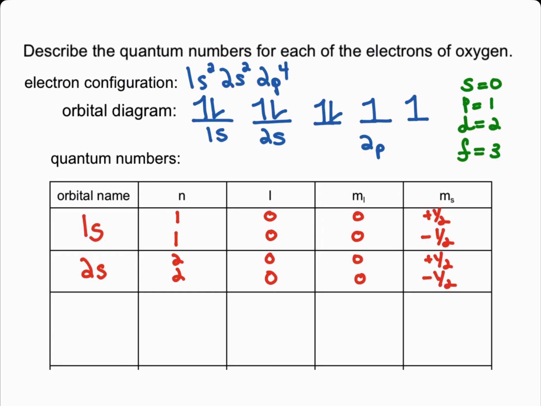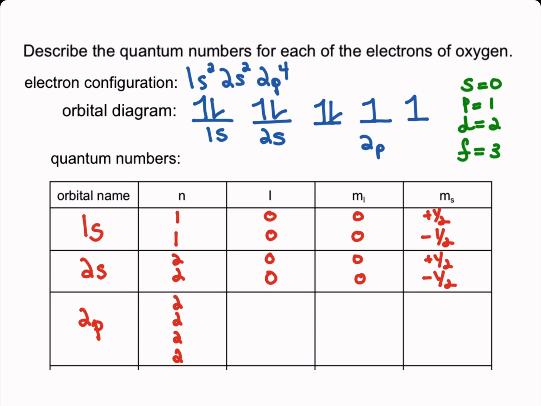Now let's talk about the 2p electrons. There are 1, 2, 3, 4 electrons in 2p, and the principal quantum number is going to be 2. And they are in the p shape.